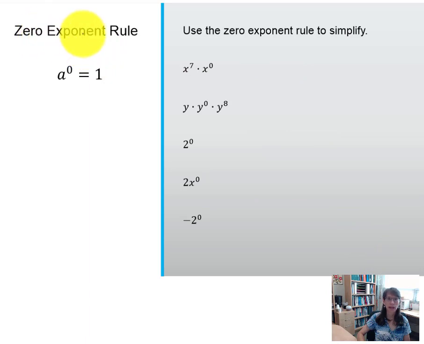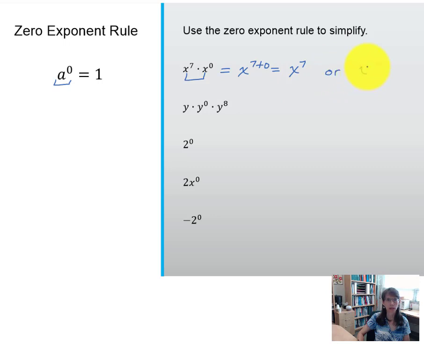Here we have the zero exponent rule. When your base is raised to the power of 0, that will equal 1. So in our first example, x to the 7 times x to the 0. We do have a common base of x, so we could use the product rule and say x to the 7 plus 0, that equals x to the 7th.